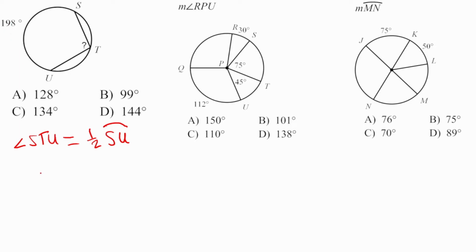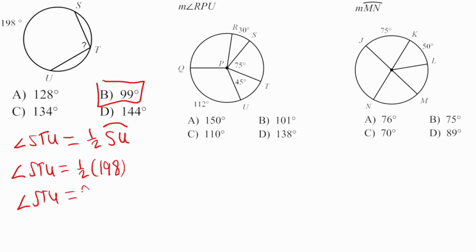It's 198. So angle STU equals 1/2 times 198, which gives us 99 degrees. So angle STU, the answer here is B, 99 degrees.